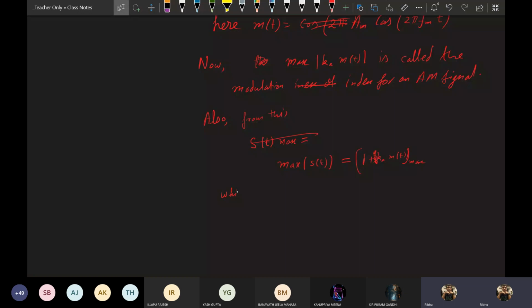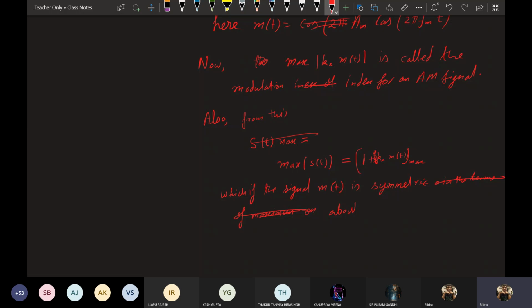Which means if the signal m(t) is symmetric in terms of maximum, or symmetric about the x-axis.